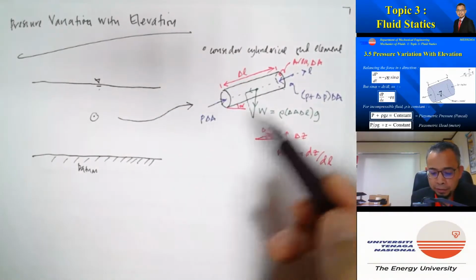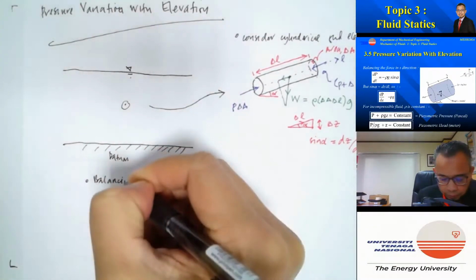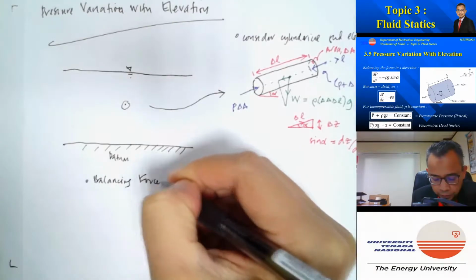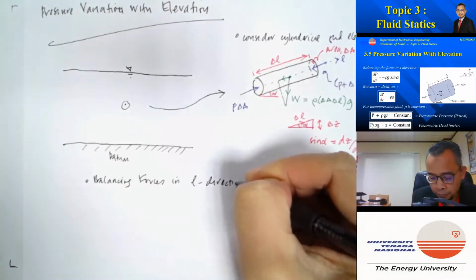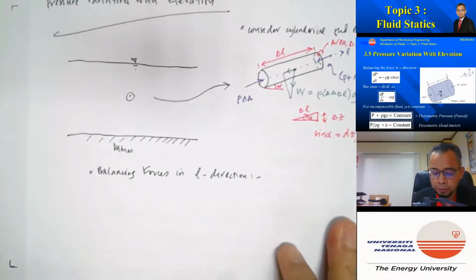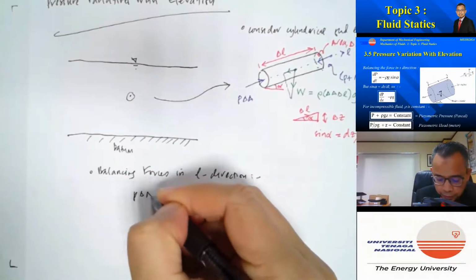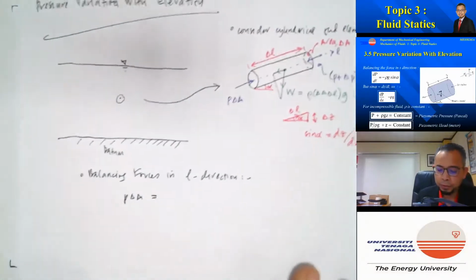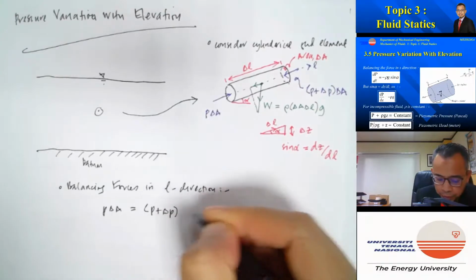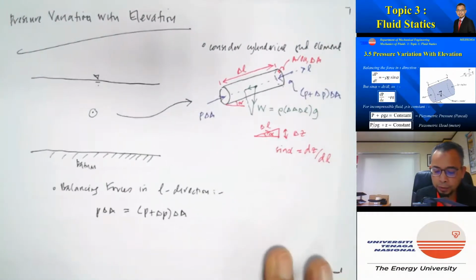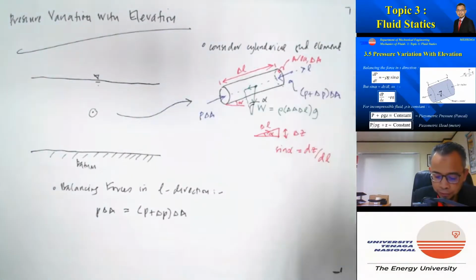Now let us balance the forces in the L direction. So we have the force here, P delta A, must be equal to the pressure force this way, (P plus delta P) delta A, plus the component of the weight in this direction, which also involves alpha.